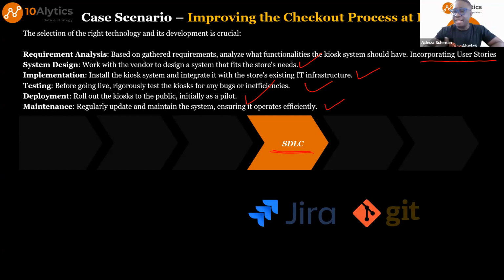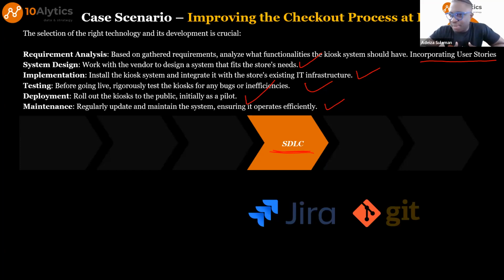Now, once you have looked at the system that is being developed, remember, you'll be deploying this system, and you need the staff of that store and the staff across the organization to understand exactly what is being developed and how to utilize the system effectively. Not just the staff, but also the customers.